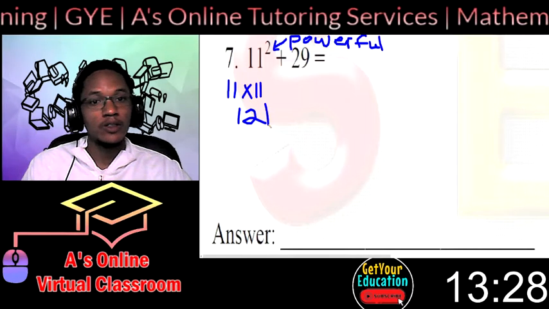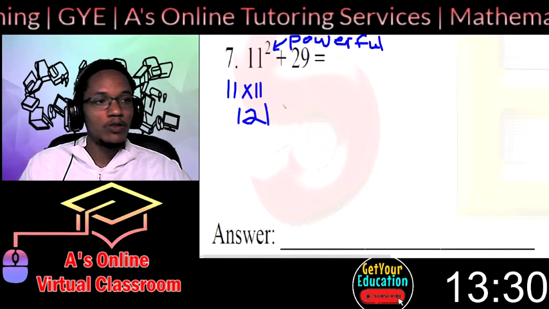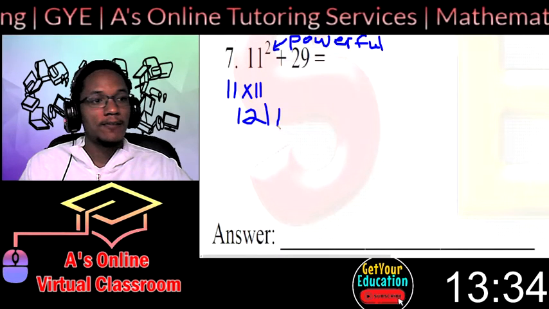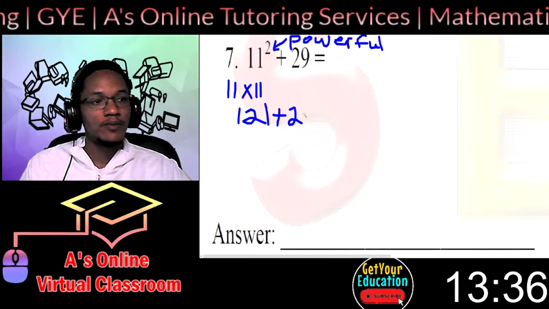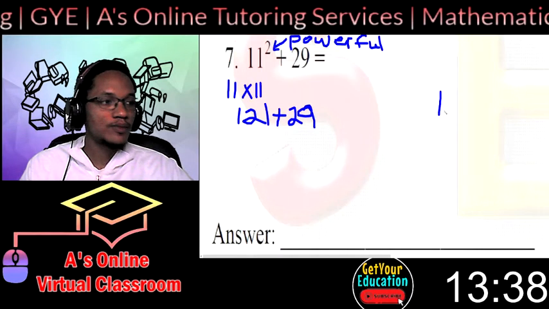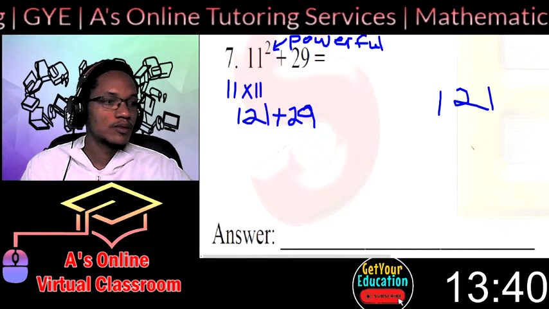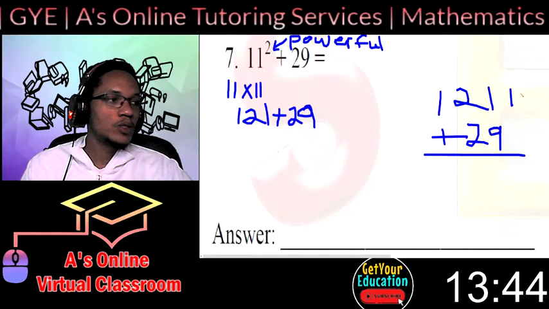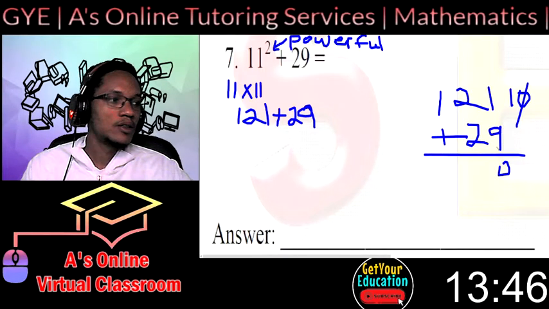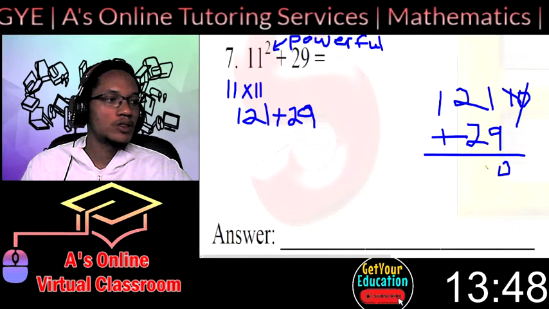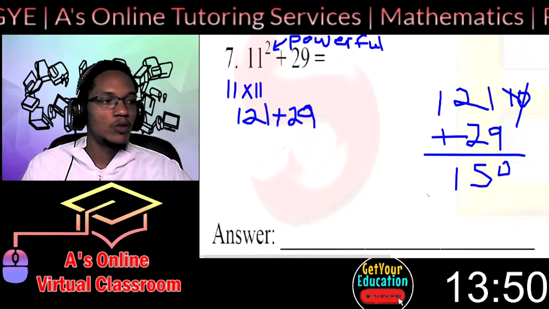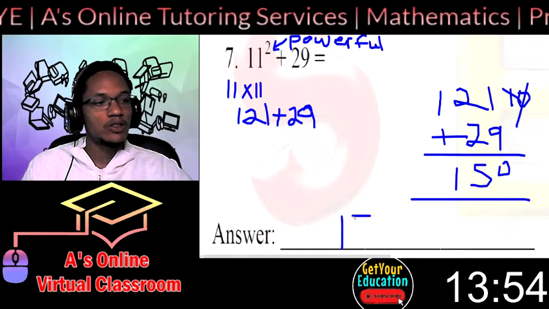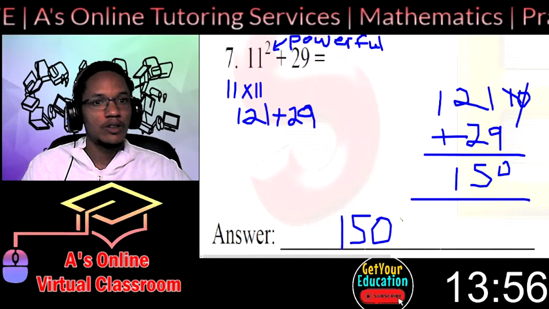We memorize our tables and we know that off the top of our head. And we're going to add 29 to that. So 9 plus 1 is 10, 2 plus 2 is 4, plus 1 is 5, and then we have 1 here. So 11 squared plus 29 is 150.